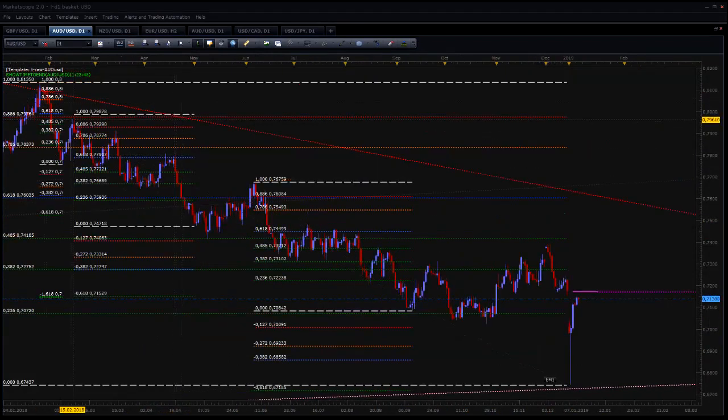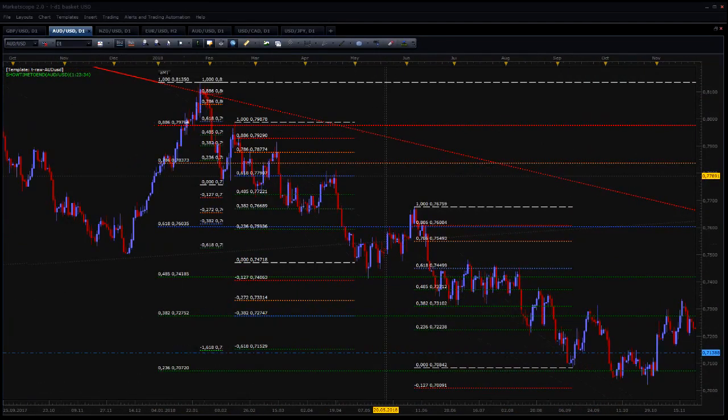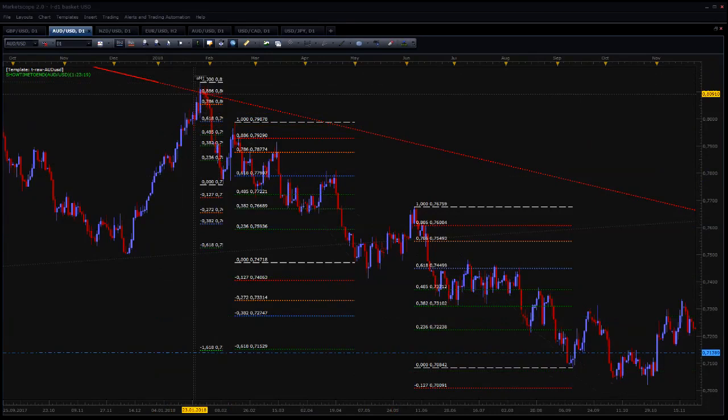Let's see what I did. We're going to remove this. Now it's going to be a lot easier for you to see what is actually going on. So this is one large downtrend wave from A to B, and that has smaller waves within.